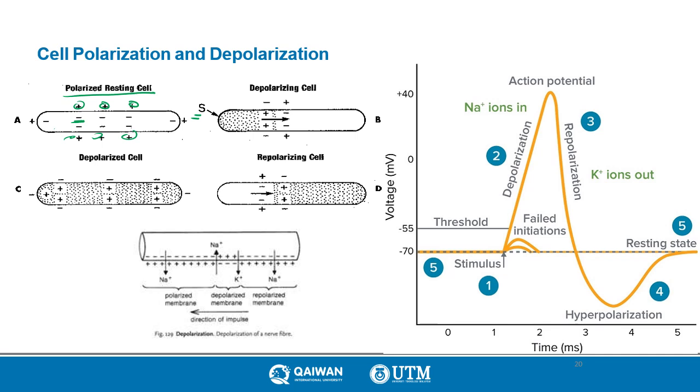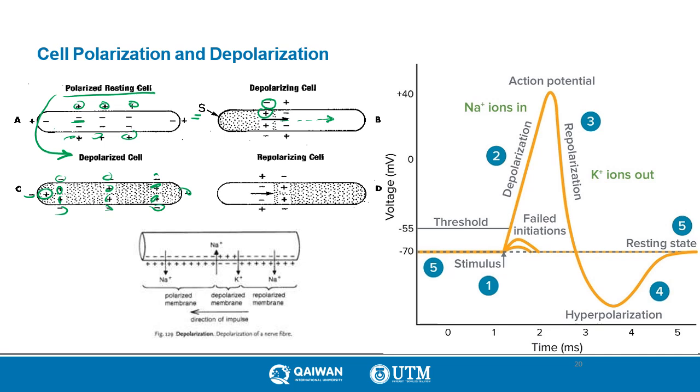It will change gradually, so the outside will be negatively charged compared to the inside. The process will continue in this way until the cell membrane changes from the polarized resting cell to the depolarized cell, where the outside is negatively charged and the inside is positively charged.